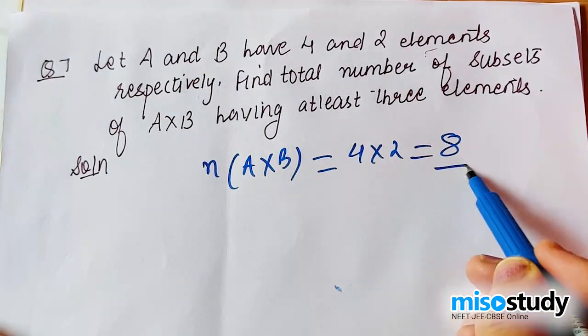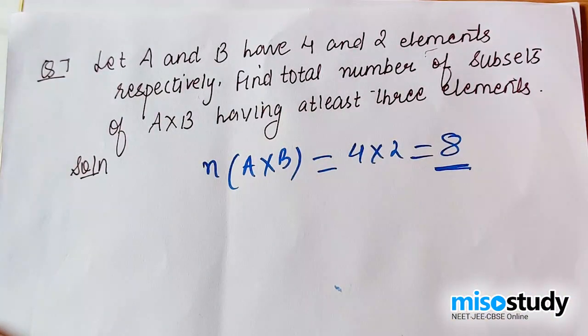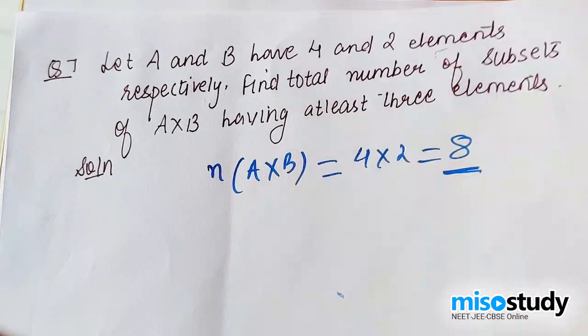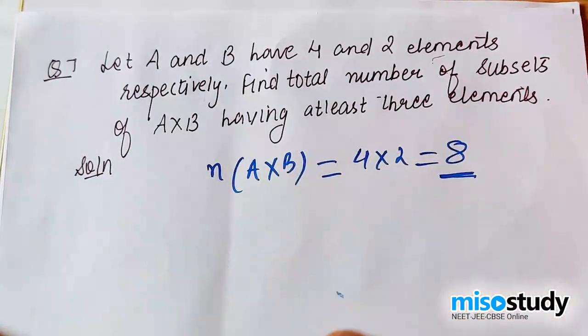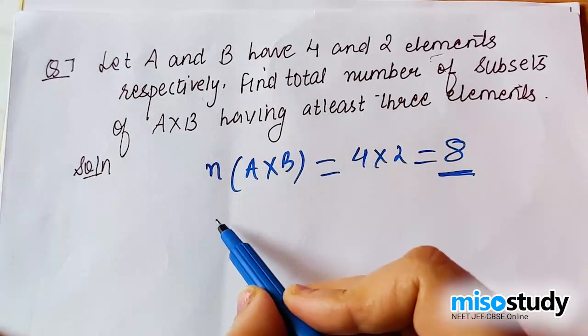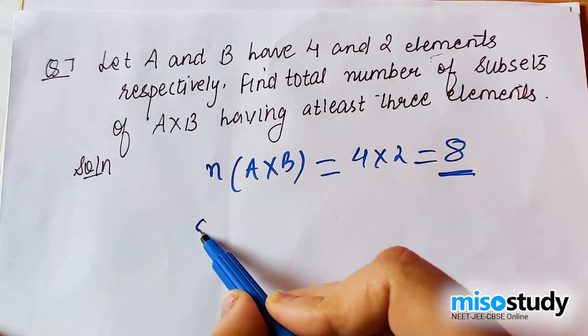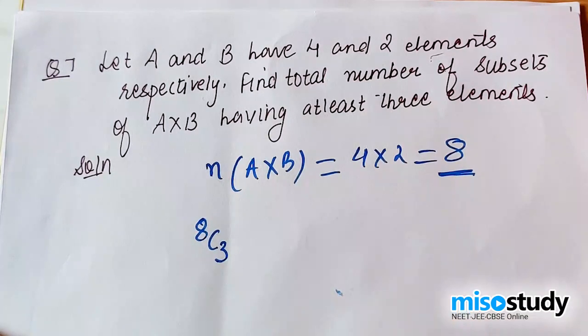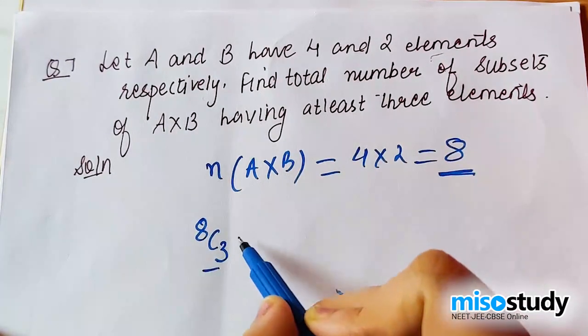Since you have a set of 8 elements, to have at least 3 elements, you have to choose from those 8 elements. For example, you are taking A, B, C, D, E, F, G, H. You may choose A, B, C, or you may choose B, C, D. Any 3 elements can be chosen. So from 8 elements, it can be chosen in how many ways? 8C3 ways.